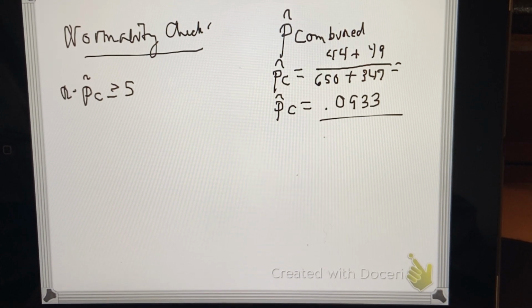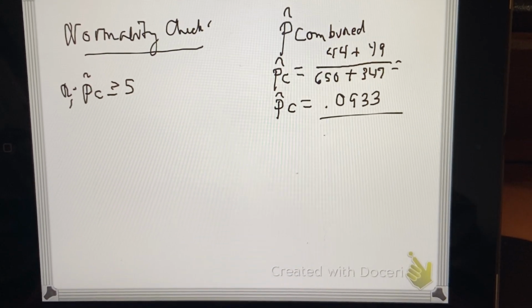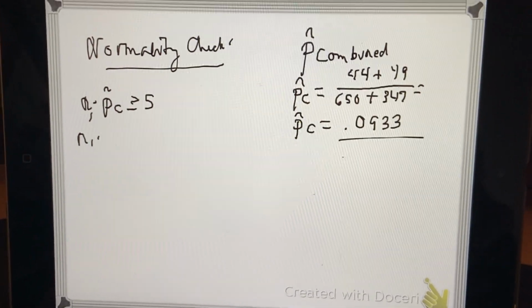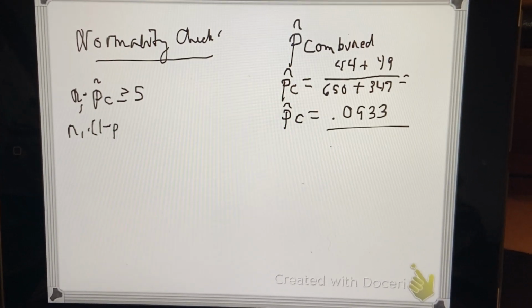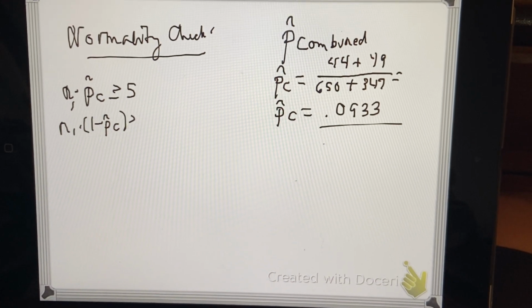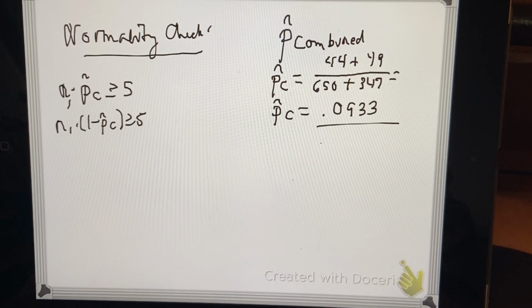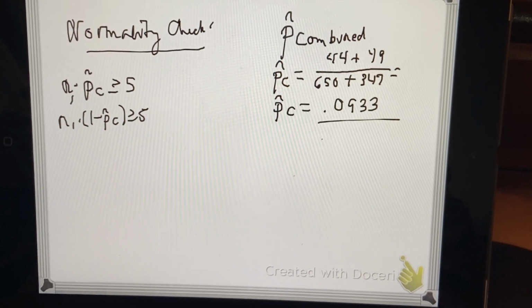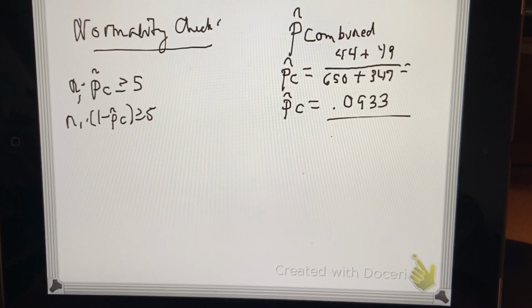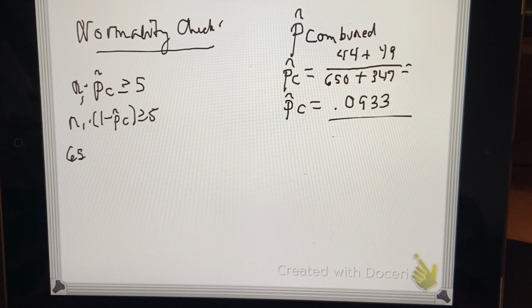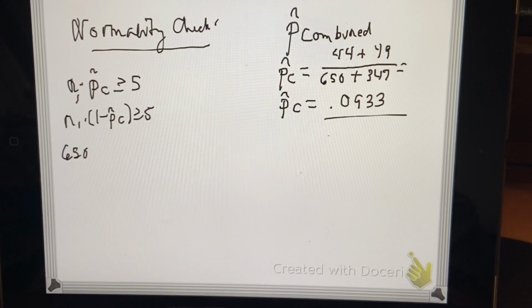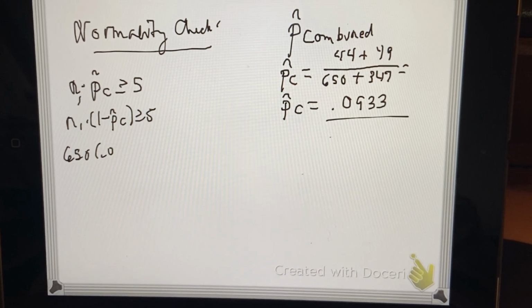So n1 times p hat combined greater than or equal to 5, and n1 times 1 minus p hat combined greater than or equal to 5. I'll give you those numbers so you can keep them straight. Here's the first: I'm taking 650, the acetaminophen group, times 0.0933.